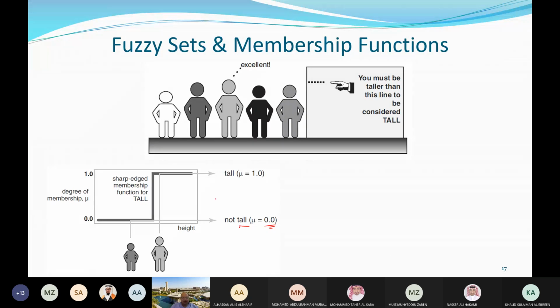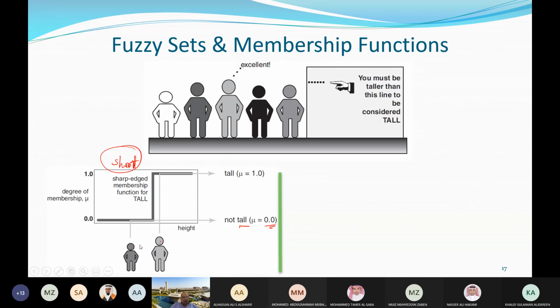But if instead of tall we defined short, we need to measure the degree of membership of the short set, not the tall set. So for short, this will be 1, and this will be 0, if you define it with respect to short rather than tall.